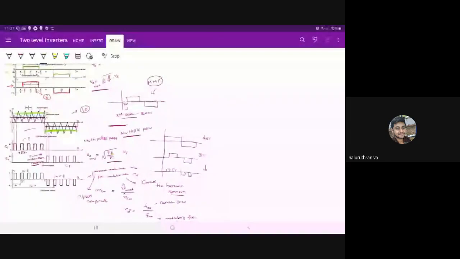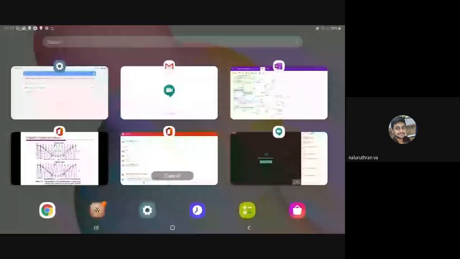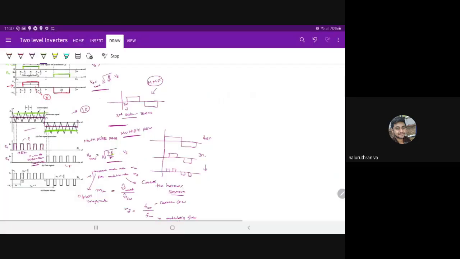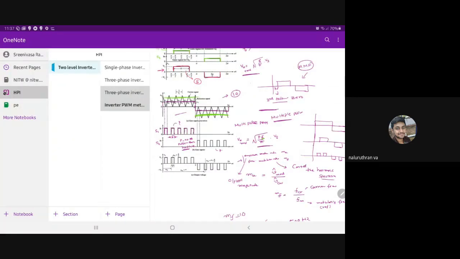You might have studied that when you study symmetrical components in power system: positive sequence, negative sequence, and all, right?